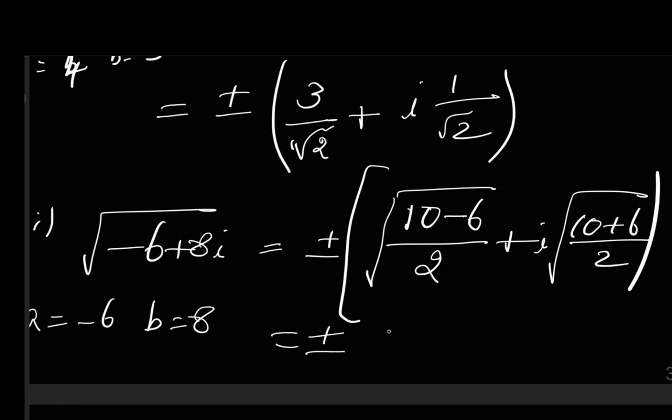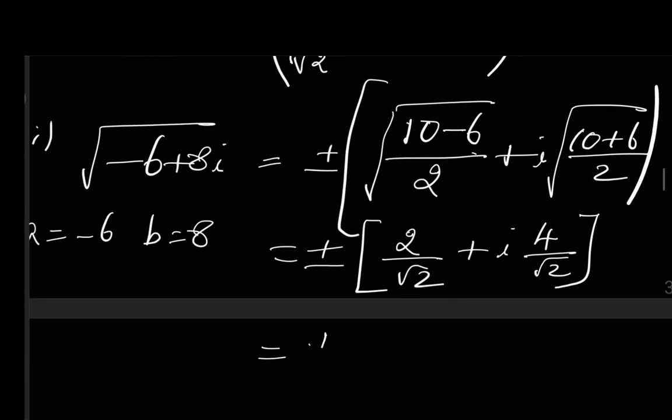So root, plus or minus, 10 minus 6 is 4, square root of 4 is 2, 2 by root 2, plus i into root 16. Root 16 is 4 by root 2.